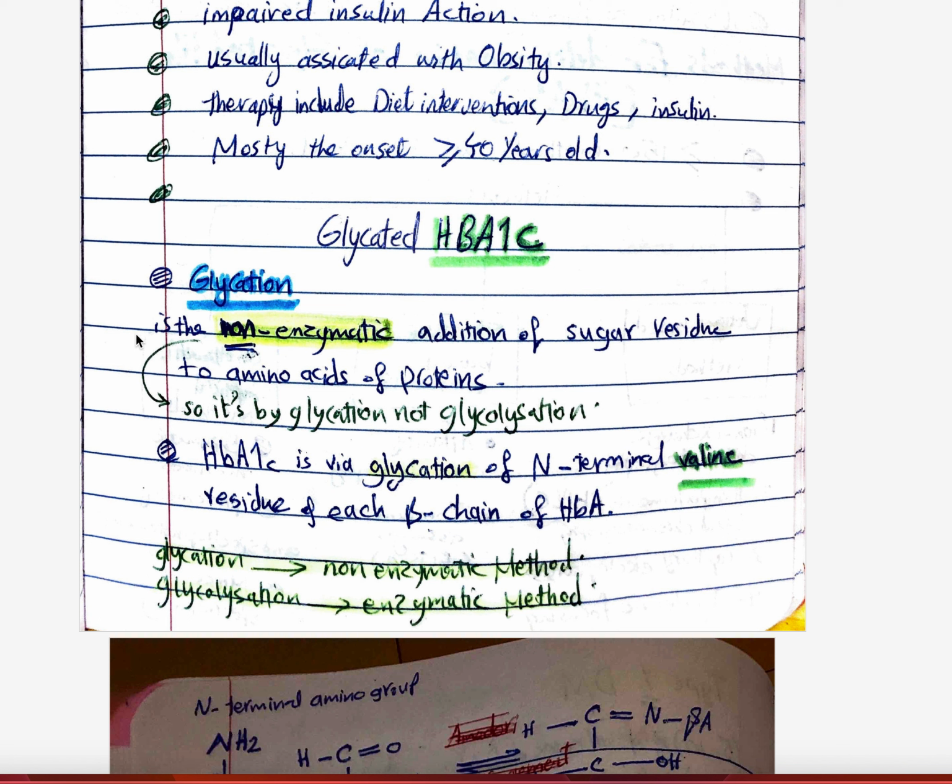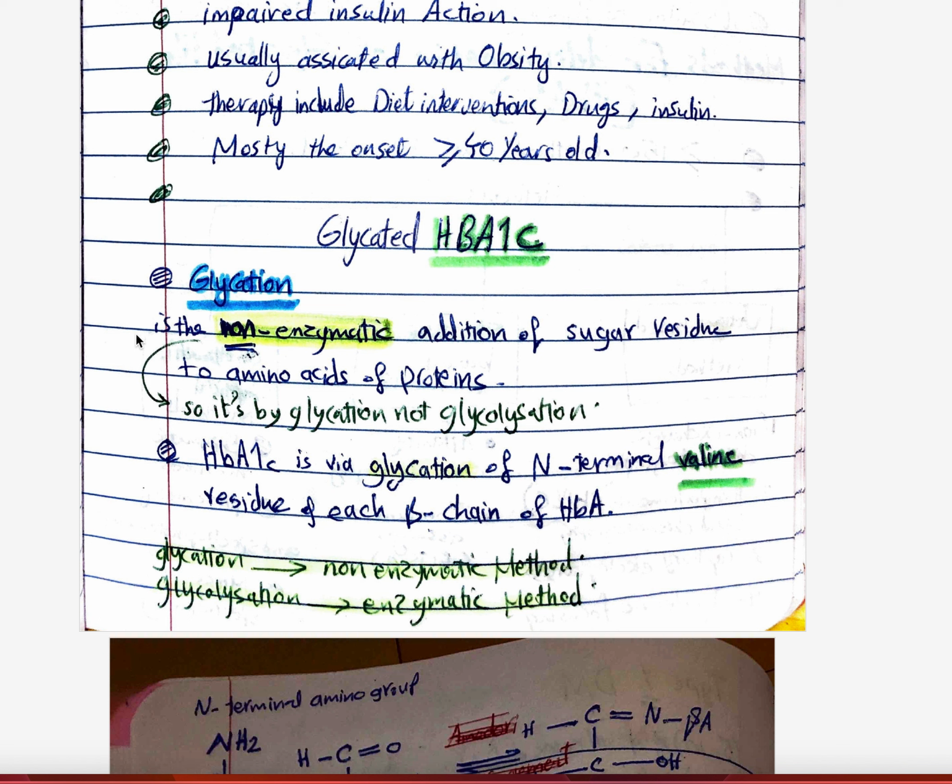It happens by glycation. Both glycation and glycosylation add sugar residues on the amino acid, whether I'm talking about hemoglobin A1C or about other proteins.